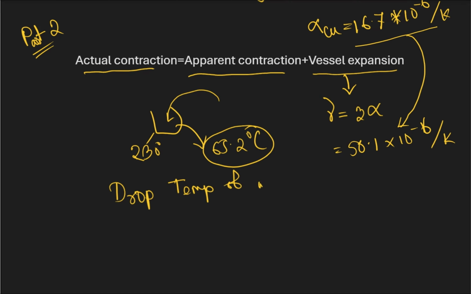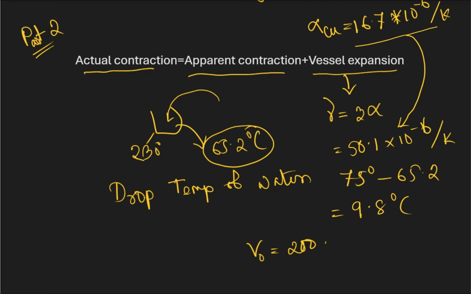Anyways, the drop of temperature of water: it was 75 degrees Celsius for the water, and the mixture temperature was 65.2 degrees Celsius. So we have 9.8 degrees Celsius. The initial volume of the water, V naught, is 200 milliliter from the question, right?